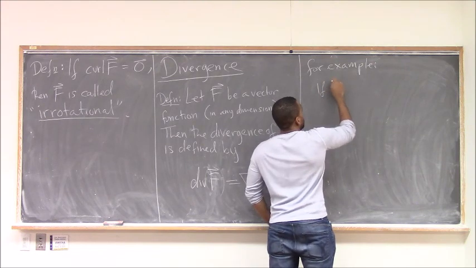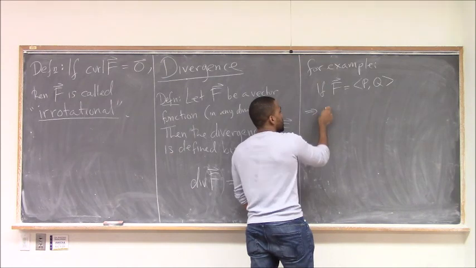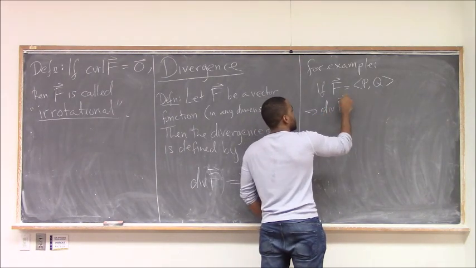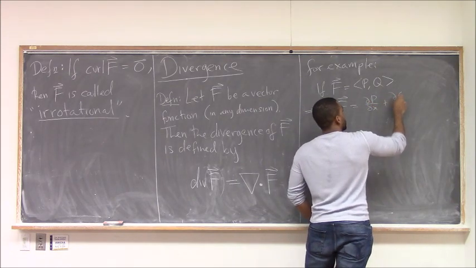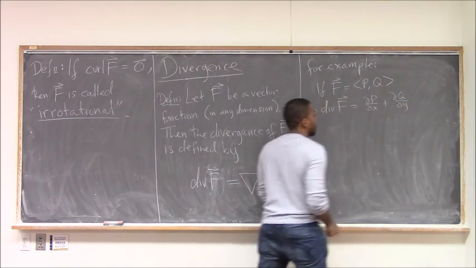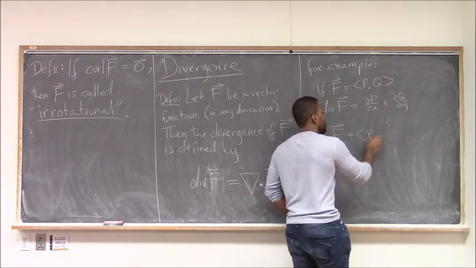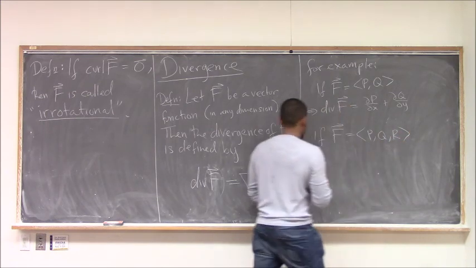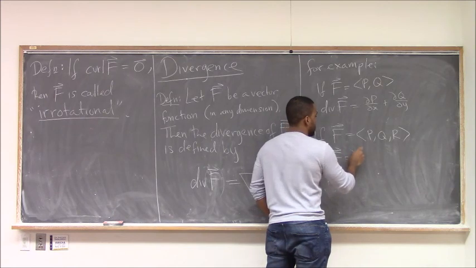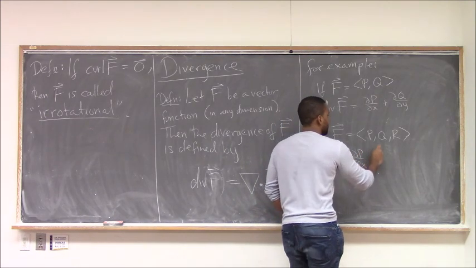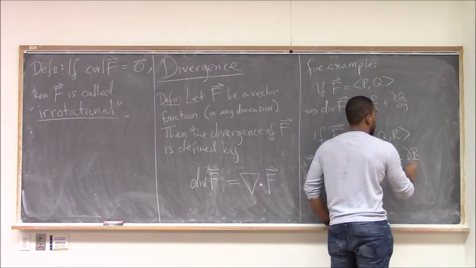So if f is equal to (P, Q), then the divergence of f is going to be the partial of P with respect to x plus the partial of Q with respect to y. If your f is 3-dimensional, (P, Q, R), then the divergence of f is going to be the partial of P with respect to x plus the partial of Q with respect to y plus the partial of R with respect to z.